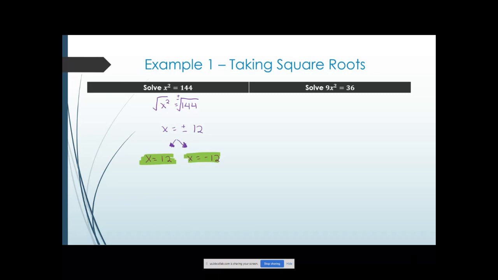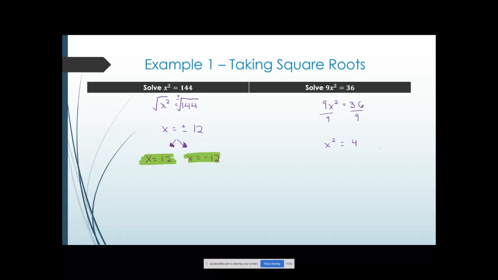Now moving to the second example, I have 9x squared equals 36. So I'm going to rewrite this. The best way to use the square root property here is to divide both sides by 9, so you just have that square part by itself. So we divide everything by 9. This gives us x squared equals, and 36 divided by 9 is 4.